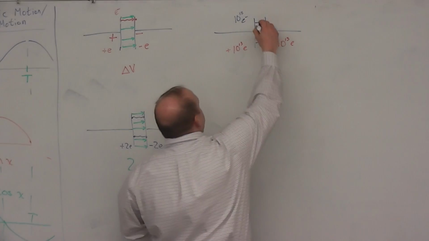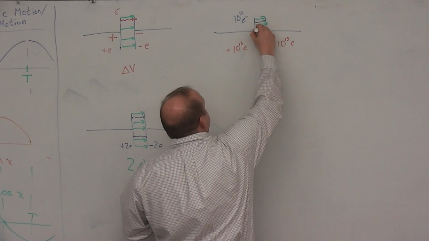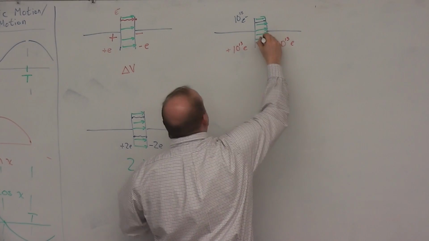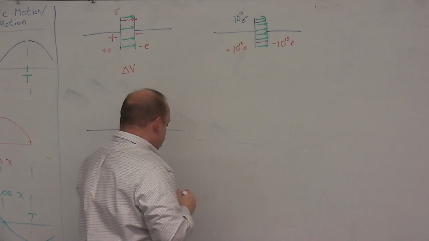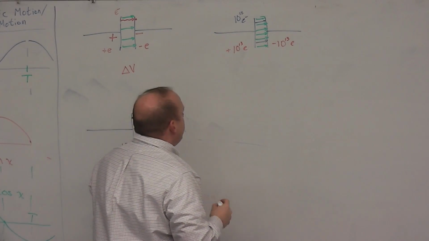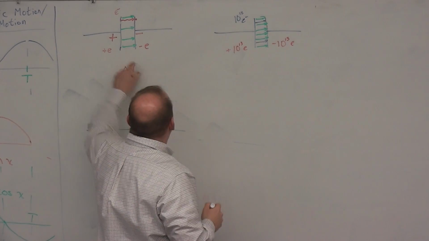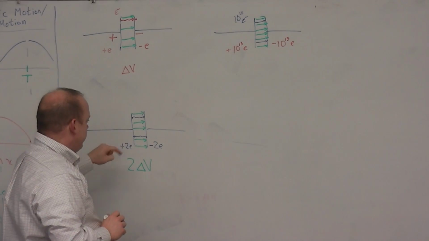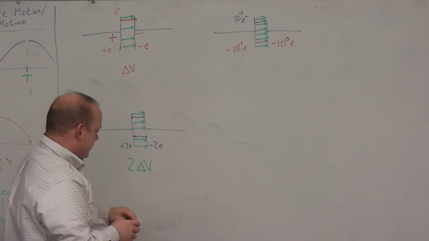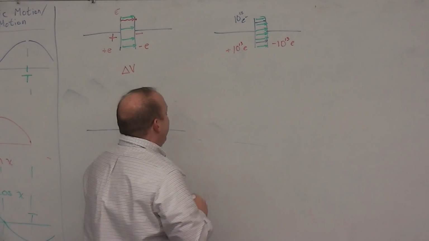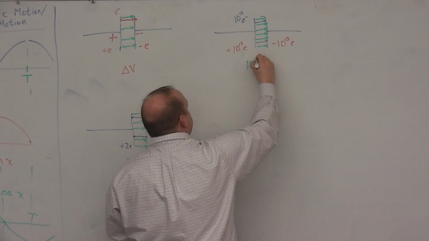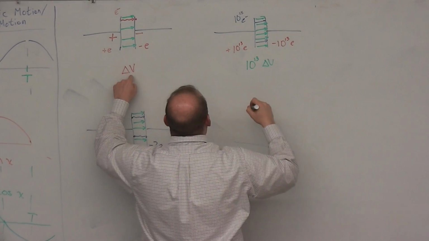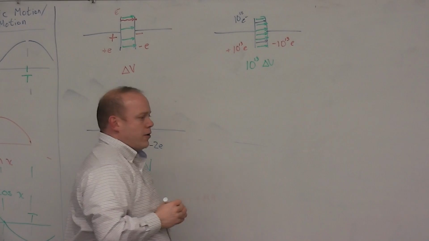I set up a much stronger and realistically measurable electric field between the two. It doesn't really create much of an electric field between these two. And from that, here, one electron gave me delta V. Two electrons gave me twice that delta V. So now if I do it again, my delta V here is going to be 10 to the 13th times whatever this delta V was.